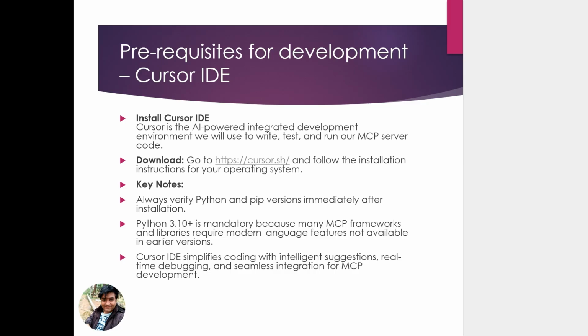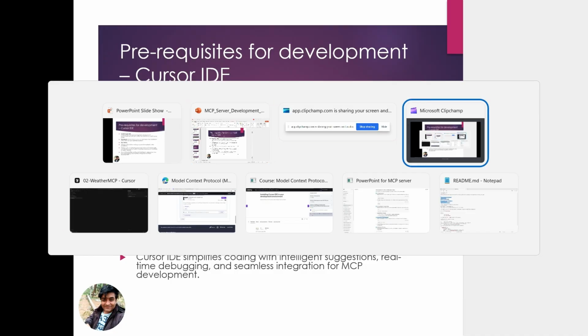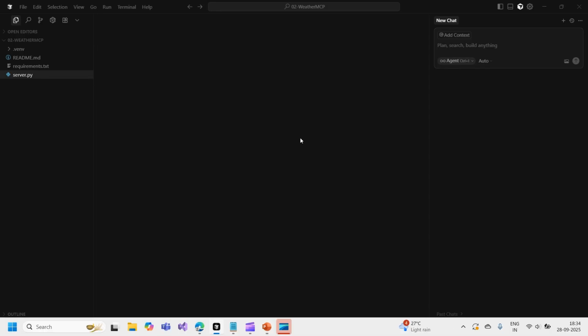Python 3.10 plus is mandatory, because many of the MCP frameworks and libraries require modern language features, which are not supported by earlier versions. If you think about Cursor IDE, it simplifies coding with intelligent suggestions, real-time debugging, and seamless integration for MCP development. So let's look into the Cursor IDE over here.